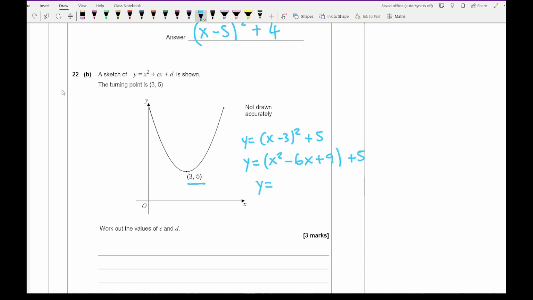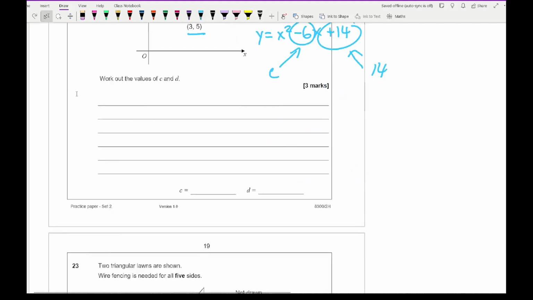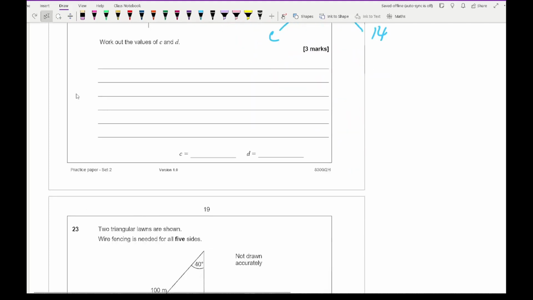Simplifying all of that, I get x squared minus 6x plus 14. So c equals minus 6 and d equals 14. So here I end up with minus 6 and 14.